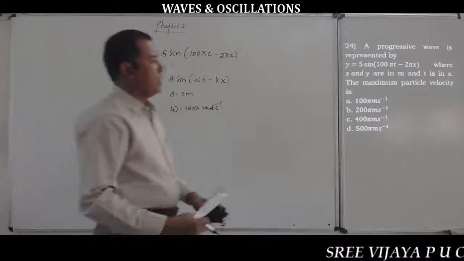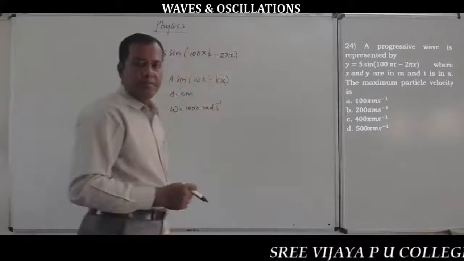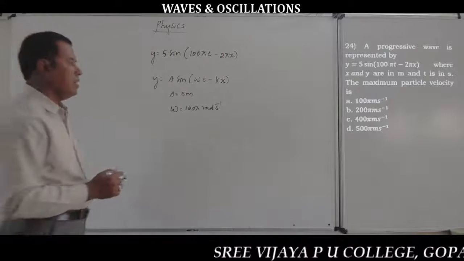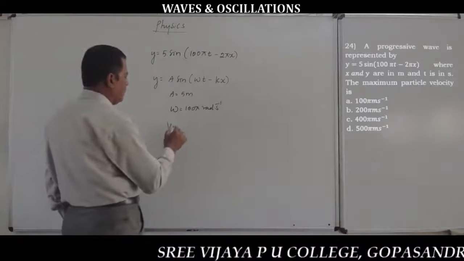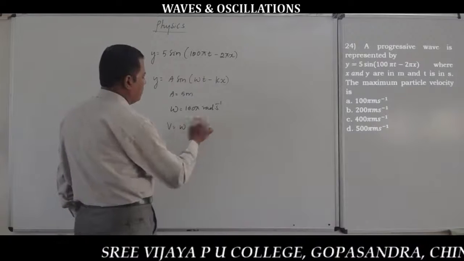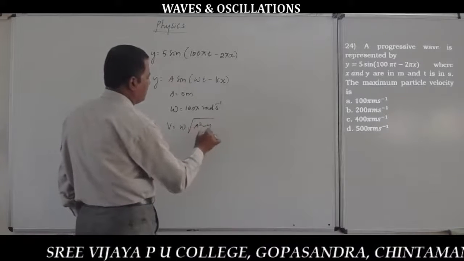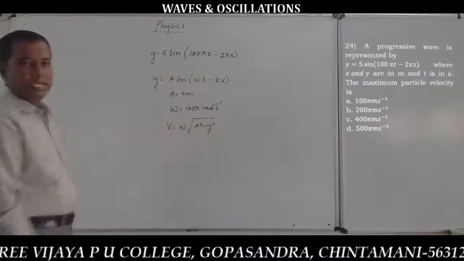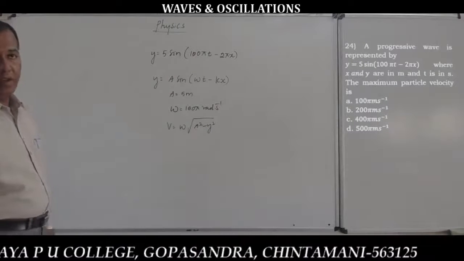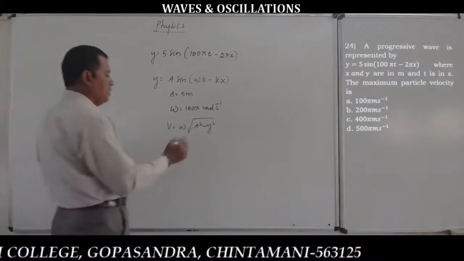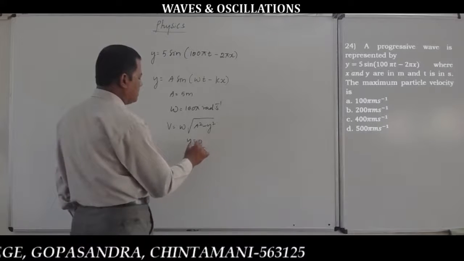We are supposed to find the maximum particle velocity, that is the velocity of a particle executing simple harmonic motion. It is given by V is equal to omega into root of A square minus y square. In case of a particle executing SHM, velocity is maximum at the mean position. So therefore y should be taken as 0.